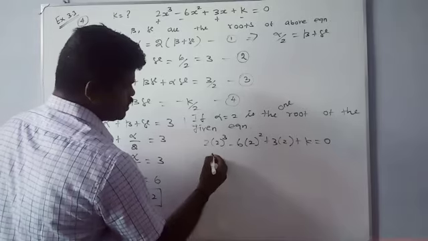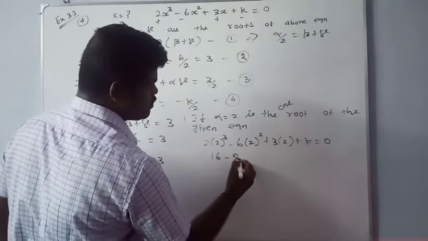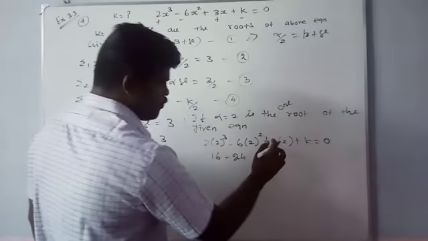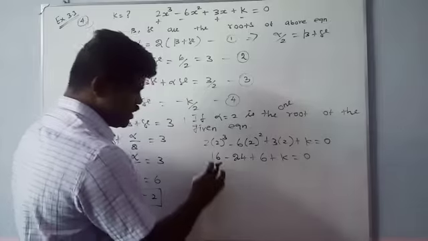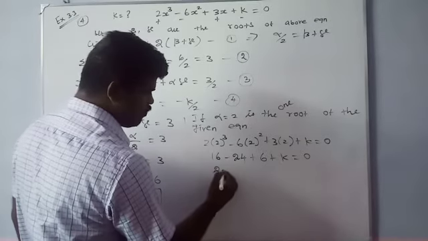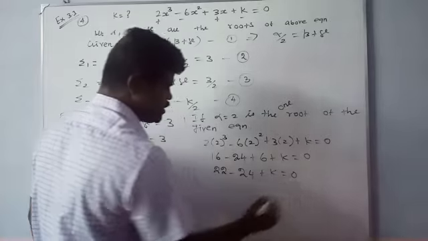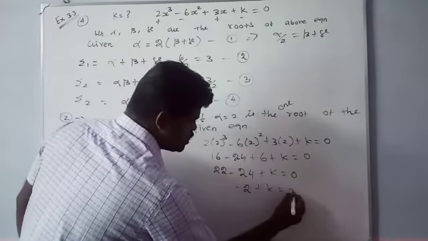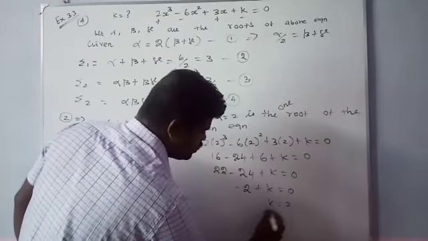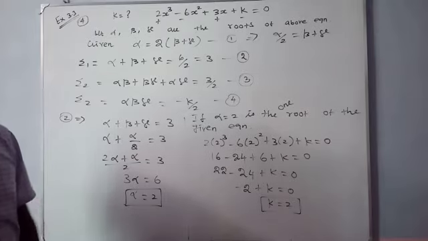Therefore 8 into 2, 16, minus 4 into 6, 24, plus 6 plus k equal to 0. 6 plus 16 is 22. 22 minus 24 plus k equal to 0. Here the value is minus 2 plus k equal to 0. Therefore k equal to 2. We have found the k value. K is equal to 2.